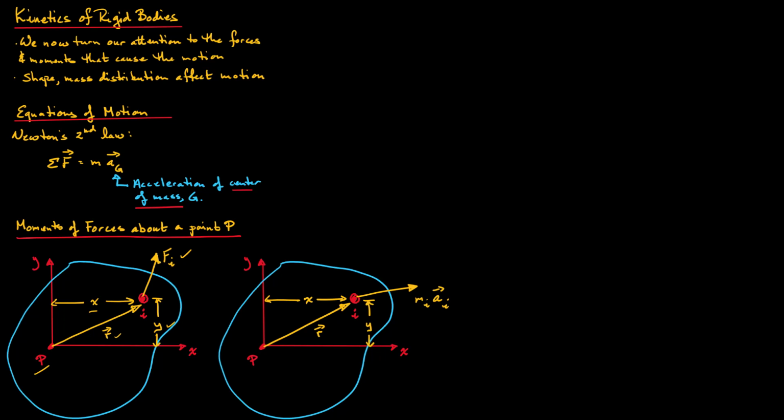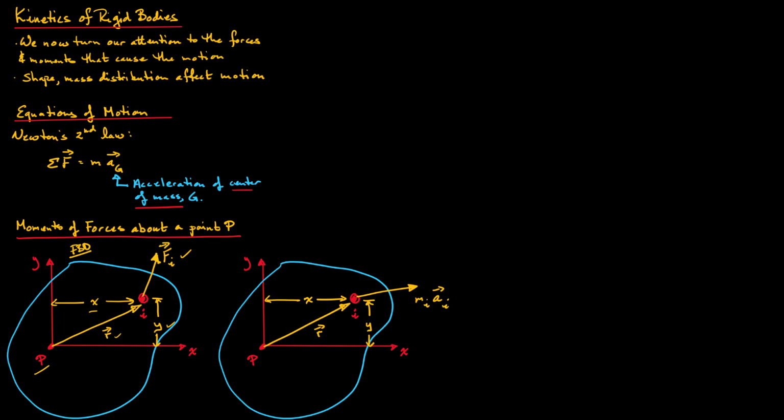So the left-hand side is what we call a free body diagram. So this is a free body diagram for the external forces passing through point I. On the right-hand side is the same rigid body, but now here what we're showing is the effect caused by that external force Fi.